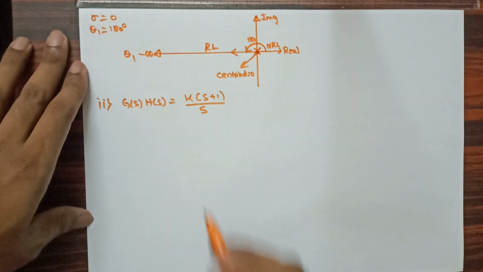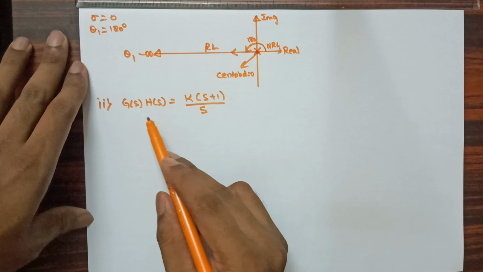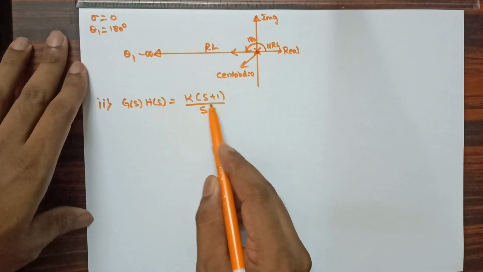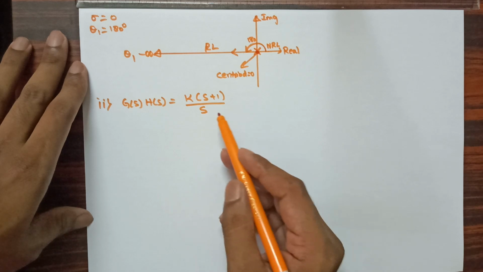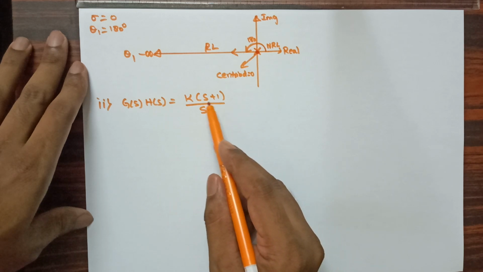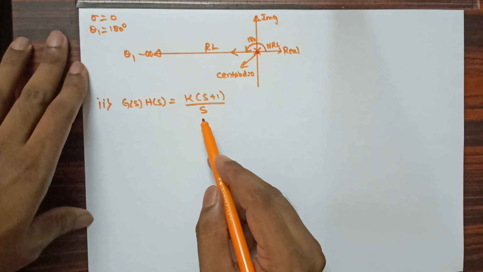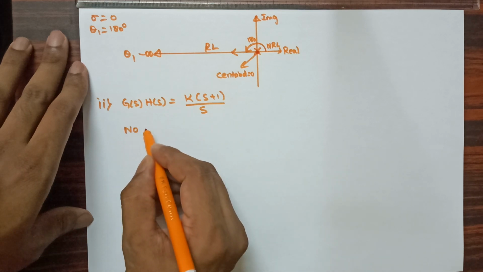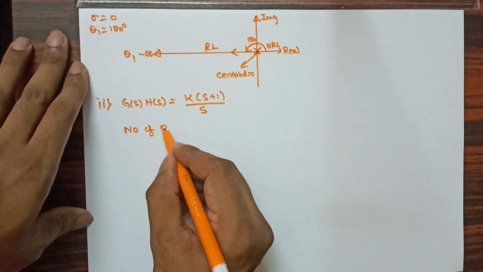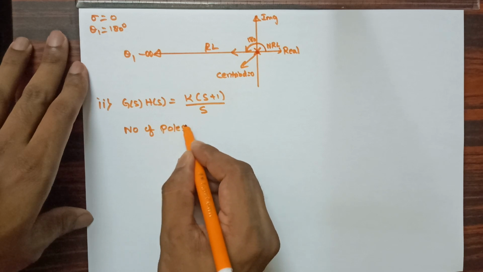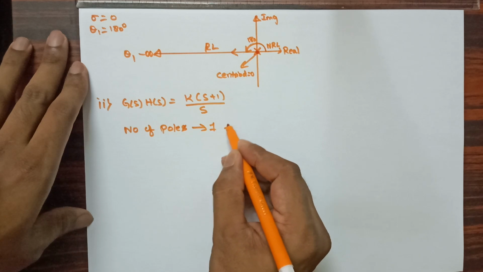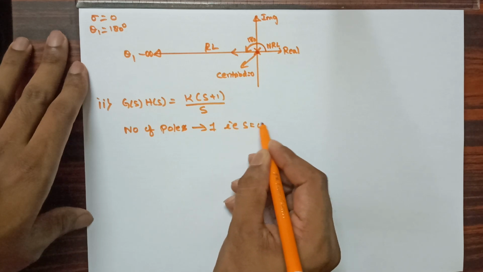As we know, if the roots are on the left hand side of the S-plane, then the system is stable. And in the second question you can see the open loop transfer function G(s)H(s) is equal to K into (s plus 1) divided by s. In this he has given one zero term and one pole term. The number of poles given is 1, that is s equal to 0.